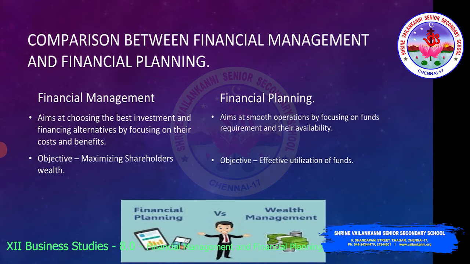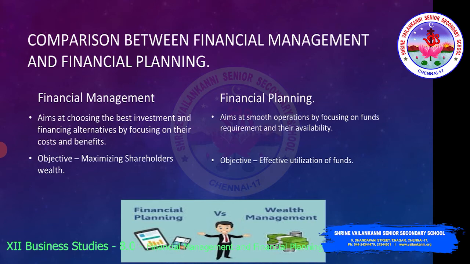What is the aim of financial planning? Financial planning aims at smooth operation by focusing on funds requirement and their availability. The objective of financial management is maximizing the shareholders' wealth. The objective of financial planning is effective utilization of funds.